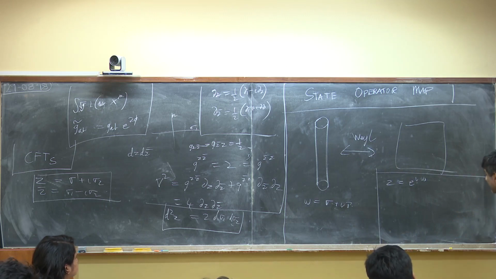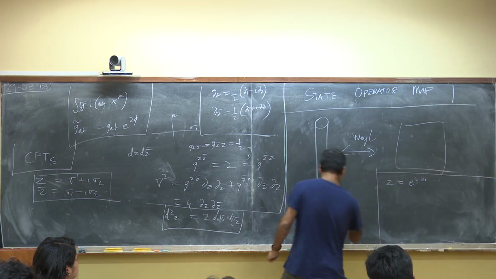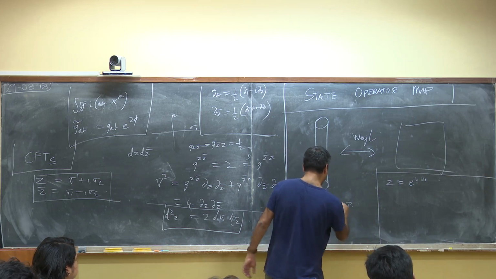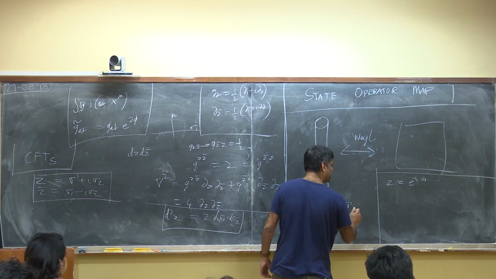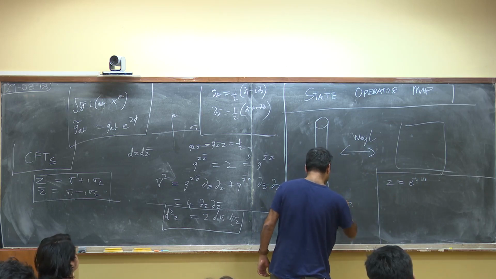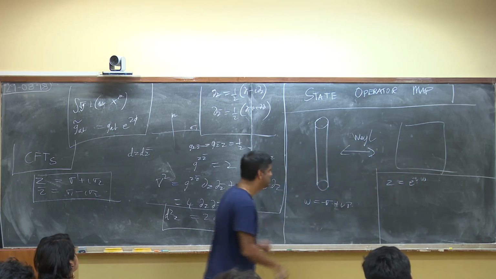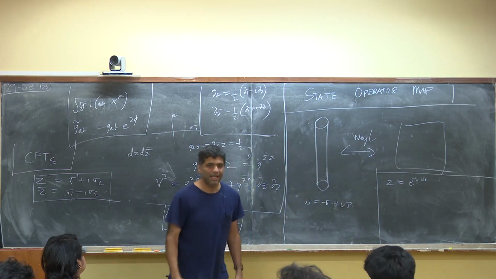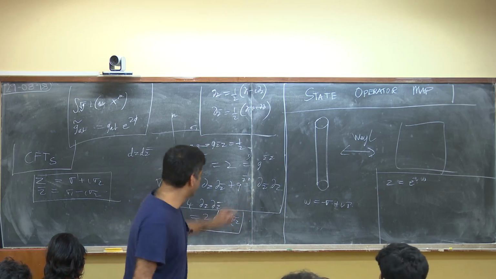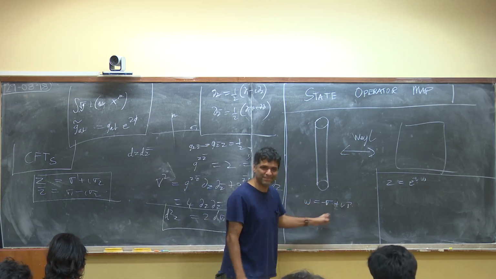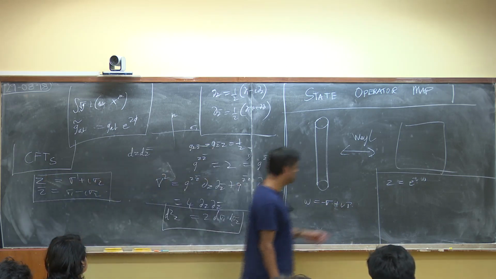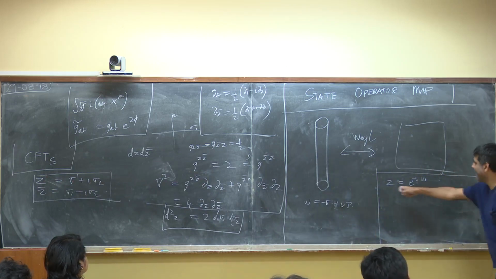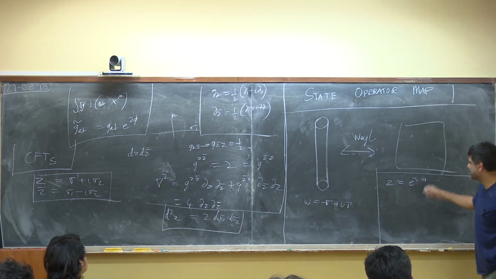Maybe I'll put a minus here. I want e to the power i sigma. Then there may be a more standard choice. This will work. Then z is equal to e to the power minus i w.